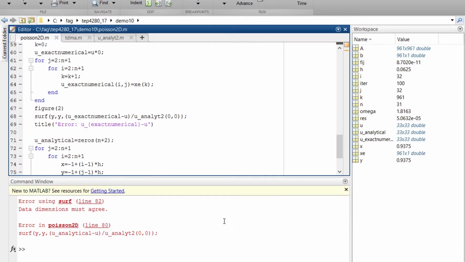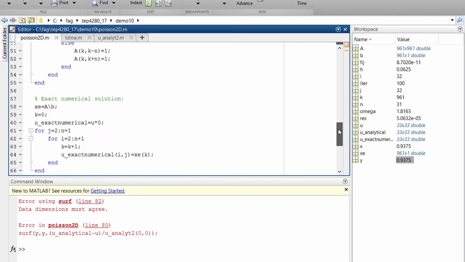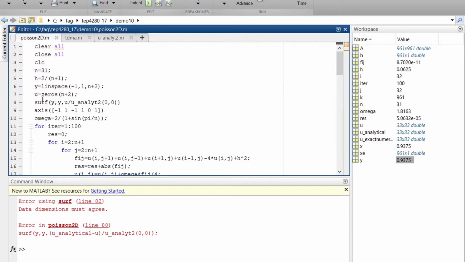That doesn't really compare. Okay, that one doesn't look too good. I've used the Y already here somewhere. Okay, rename.